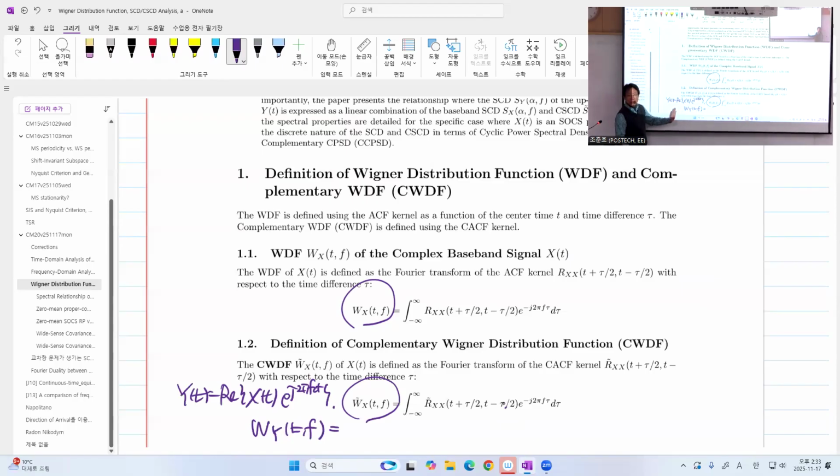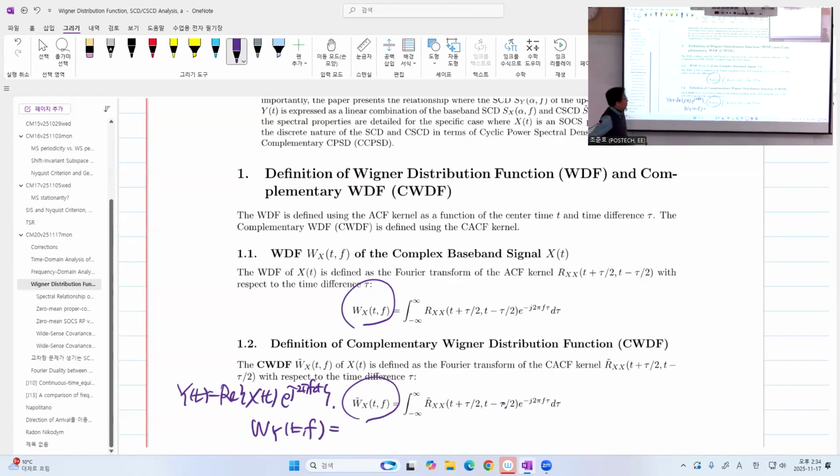So we don't need to talk about the complementary Wigner distribution function for the real bandpass random process Y. Got it? So this is enough for the second order or quadratic analysis of the random process. Got it?